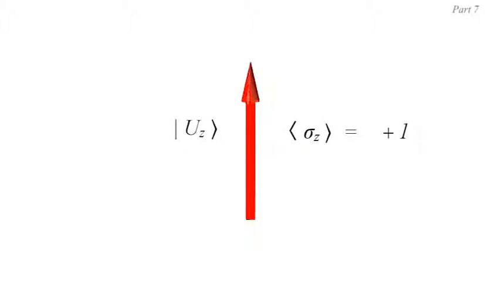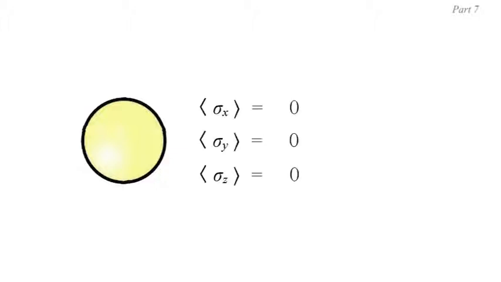So accepting all of that, I want to pose the question: could we possibly have an electron in some particular state where the spin was such that the expectation values of all three components of it were 0? Could we have the expectation of sigma x 0, the expectation of sigma y 0, and the expectation of sigma z 0 at the same time?